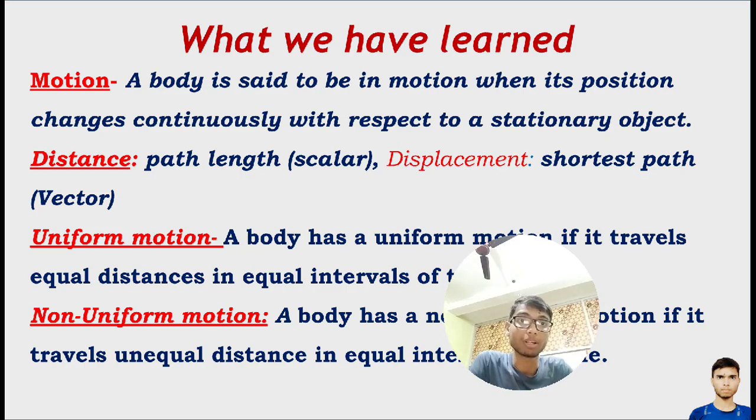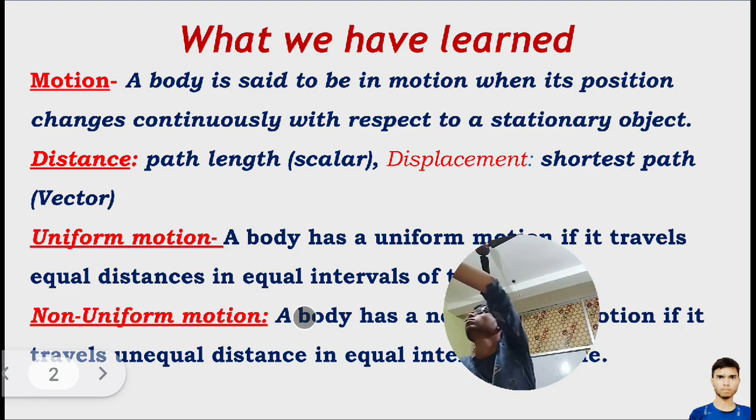Now when it comes to a vector, displacement has direction. That's why people say displacement is a vector quantity. It is done. Next we have uniform.